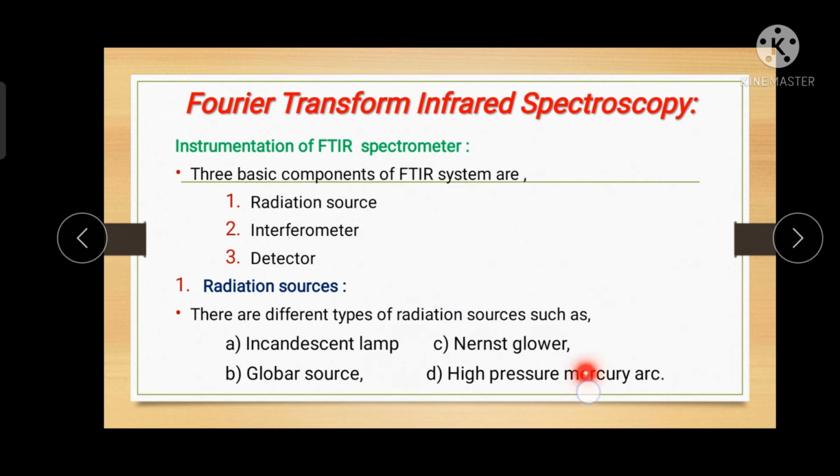These are the four radiation sources which emit IR radiation, and generally the Nernst glower and the globar sources act as the radiation source for the IR radiation. So these are the different radiation sources used in Fourier transform infrared spectroscopy.